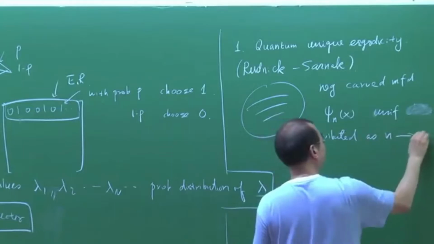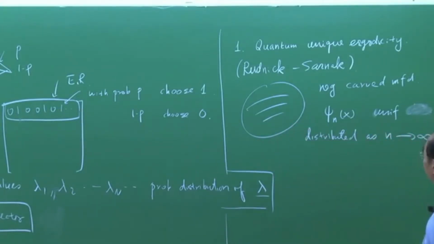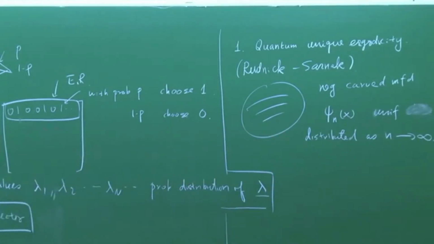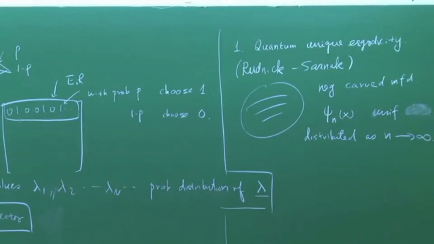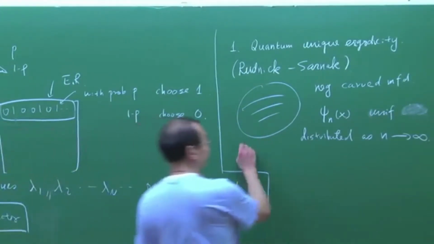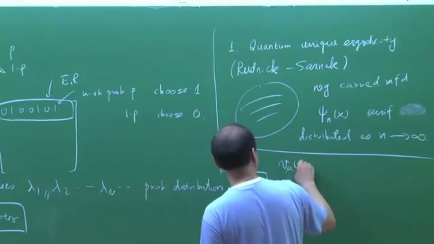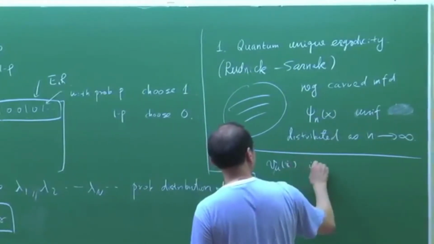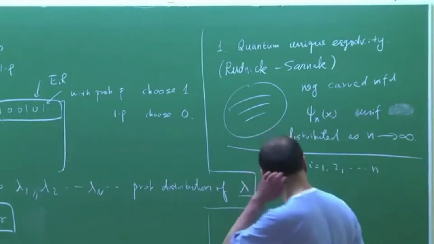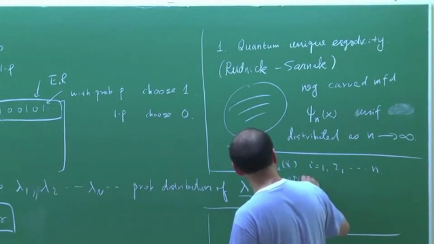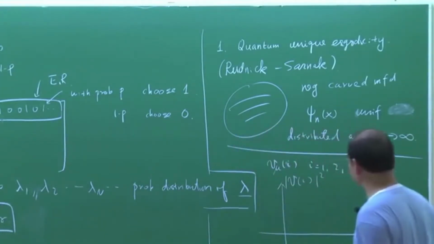That's angle to infinity. So now you can ask the similar question for the graph. The question is the following. If you take an eigenvector v of mu of x of I, then you look at this graph v_i squared.